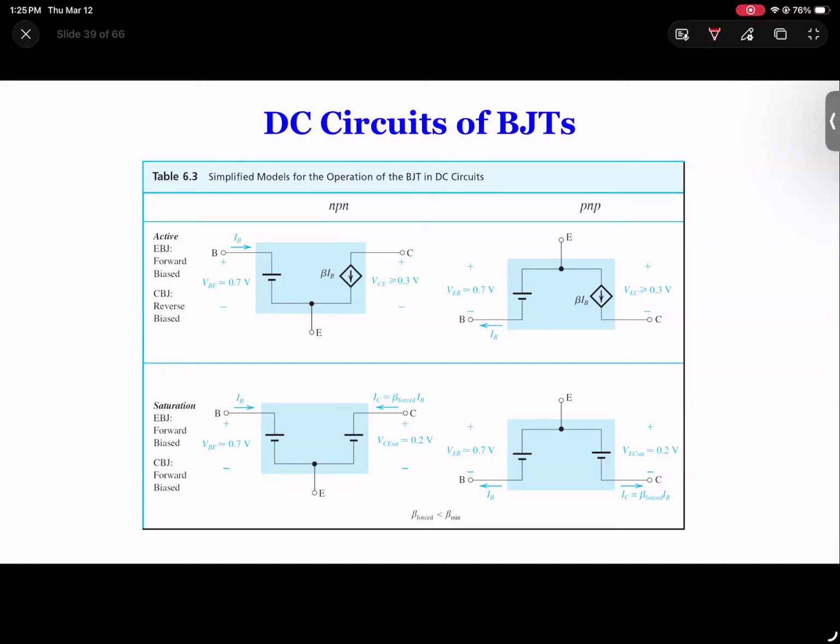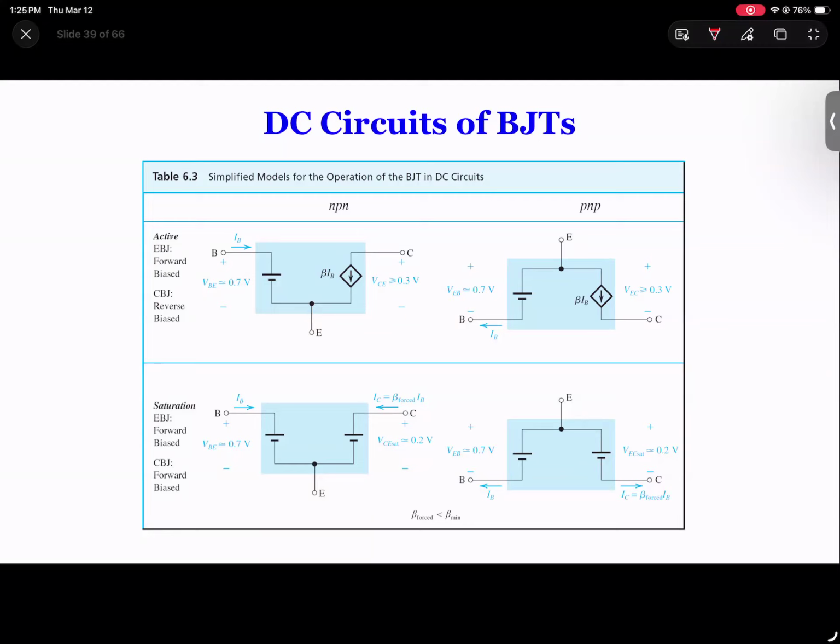On the right hand, we're flipping E and C. So the emitter is up and the collector is down. Current is splitting from emitter to base and to collector, and the current coming out of the base will go into the base.